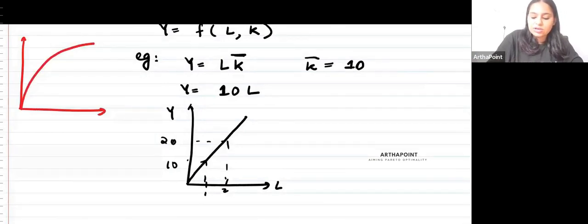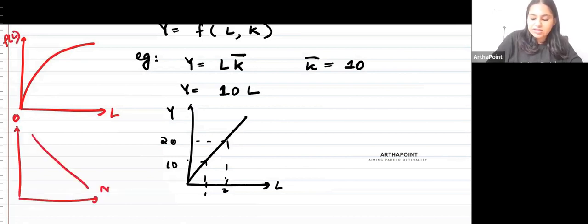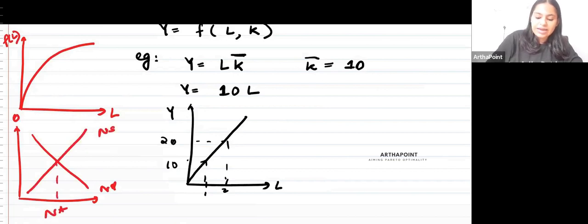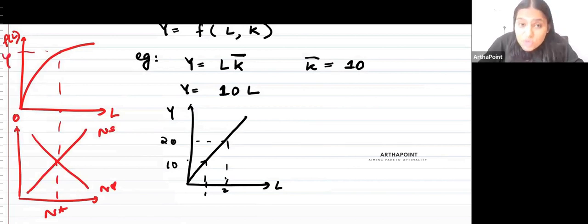I will say, okay, this is L, this is F of L. I will just have a labor market, demand and supply. Wherever my equilibrium is, I'll take it up and say this is the output, because I will assume capital to be constant.